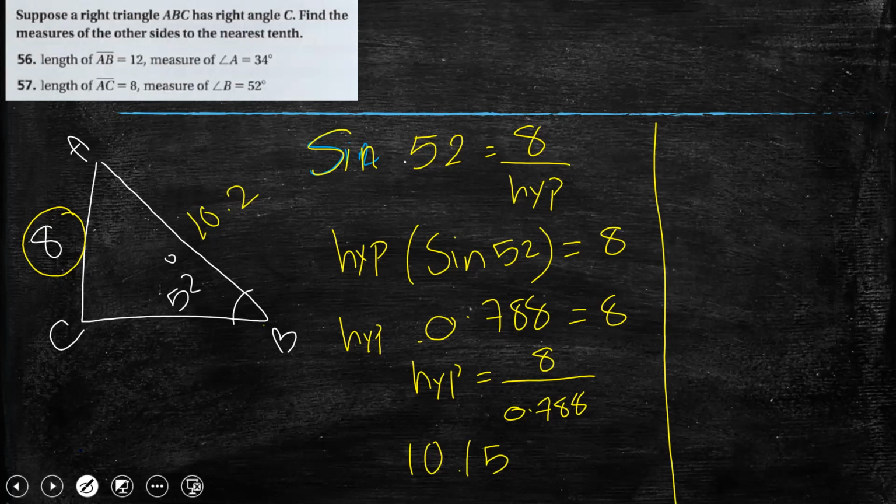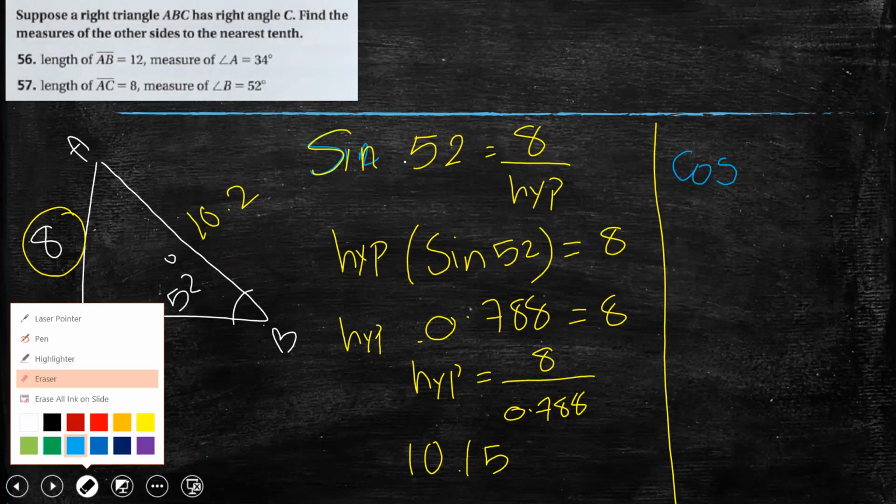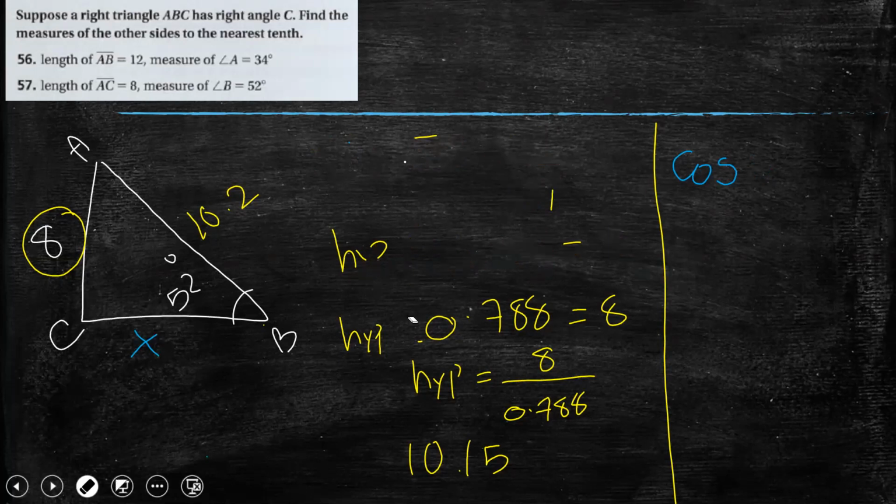Teacher, 10.2? Yes, the hypotenuse is 10.2. Now I need to find the adjacent. By what? Cosine. Cosine A? Adjacent, cosine. Yes, cosine B, sorry.